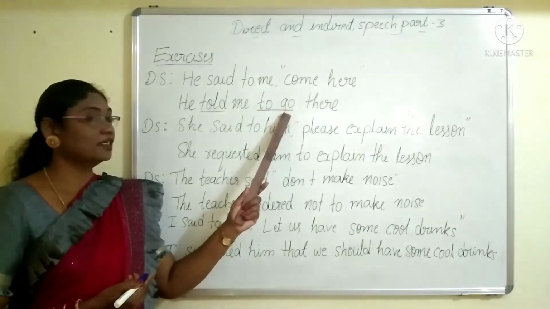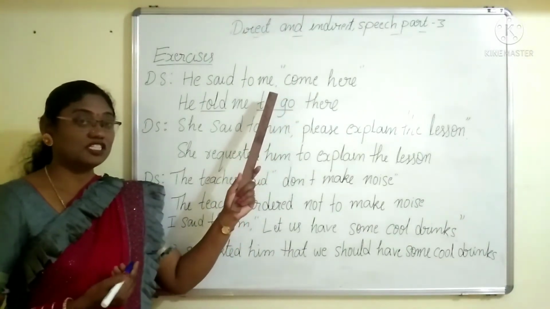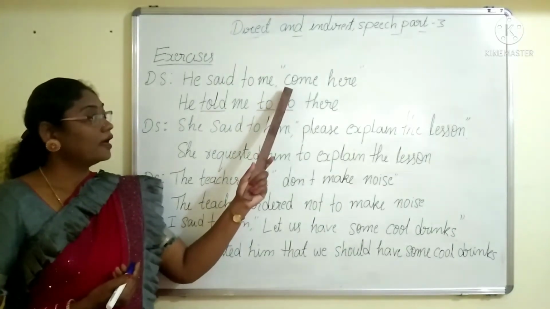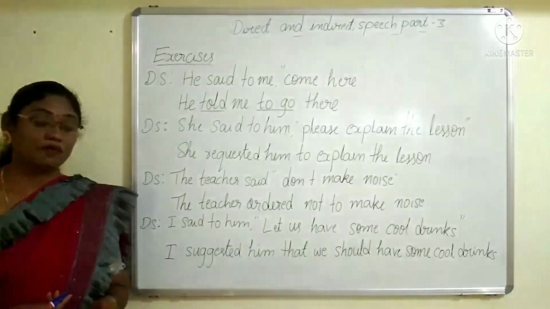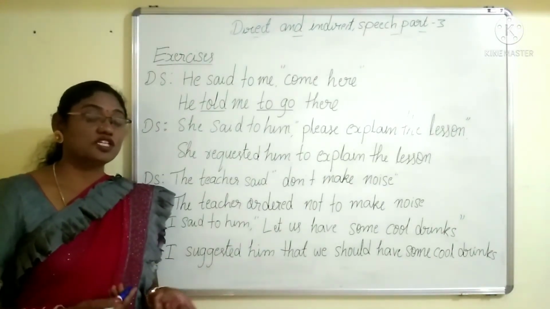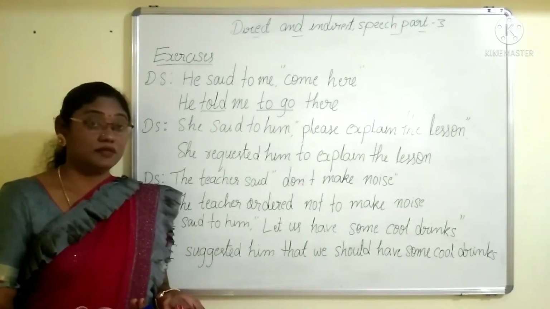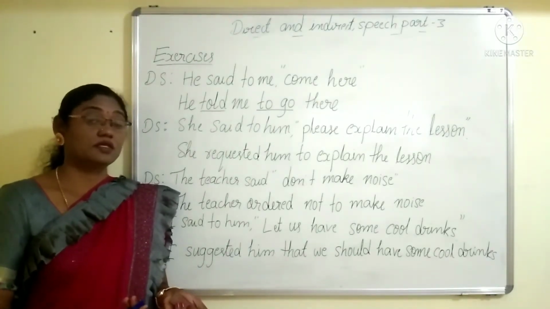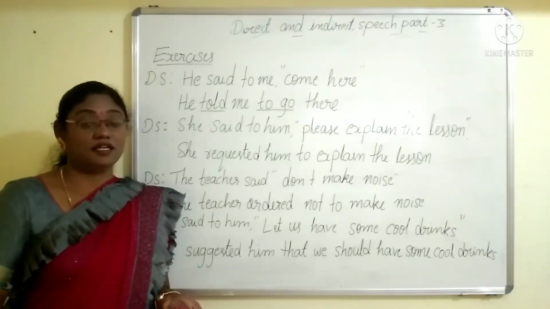Why have I written "go" here? Because as per some expression changing, "come" became "go" here, isn't it? We have learned that in the previous class. Some expressions will be changed. For example, now becomes then, here becomes there, and today becomes that day.